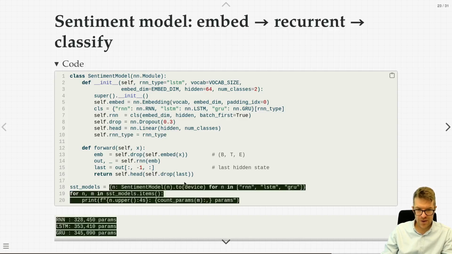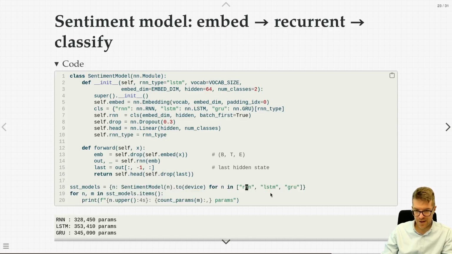We have our 3 models for each of RNN, LSTM, GRU. We send our model to the device that we obtained from the call to torch earlier to see if we had CUDA or not. In this case, the RNNs, LSTMs, and GRUs have very similar parameterizations compared to the previous example.